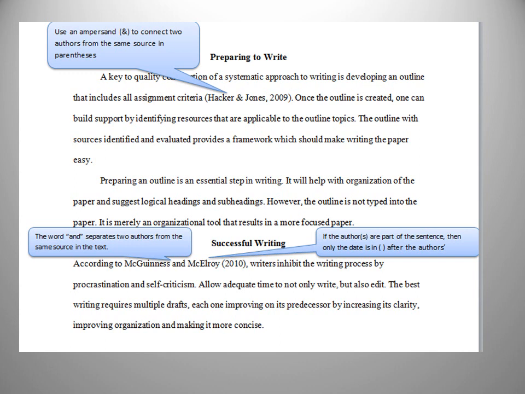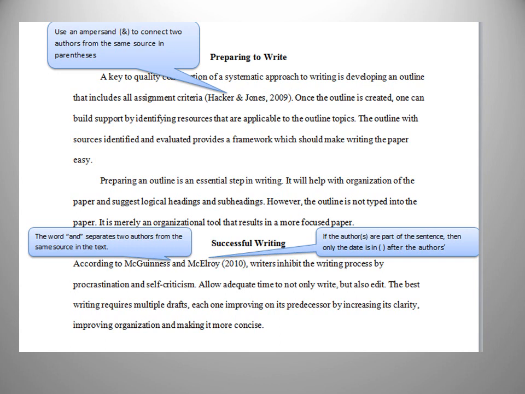So at the end of the material that I got from them, it's not a quote, it's not word for word, it's something that was read and paraphrased. So at the end, in italics, we have the author's last names with the ampersand symbol in between them, a comma, and the year of the publication. And then we put the period at the end of that.